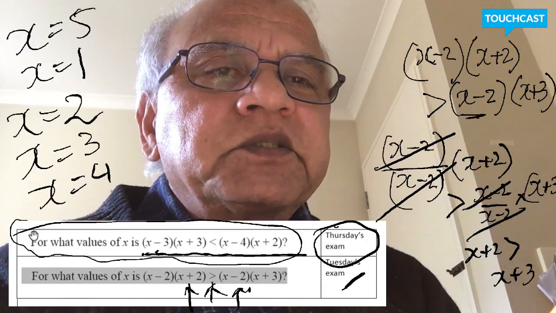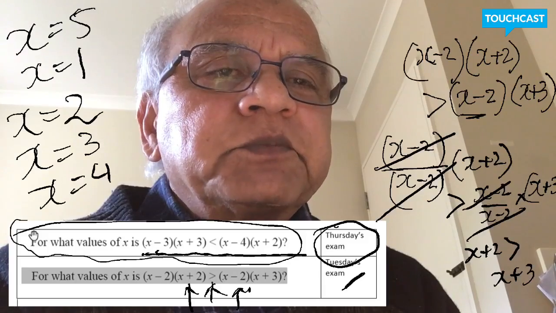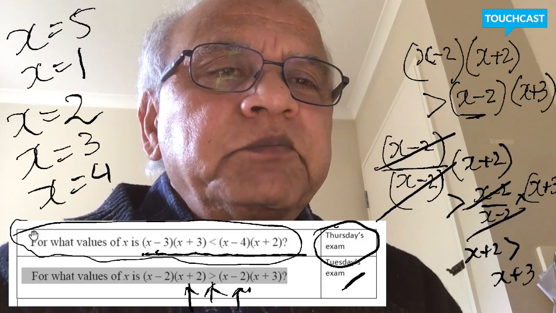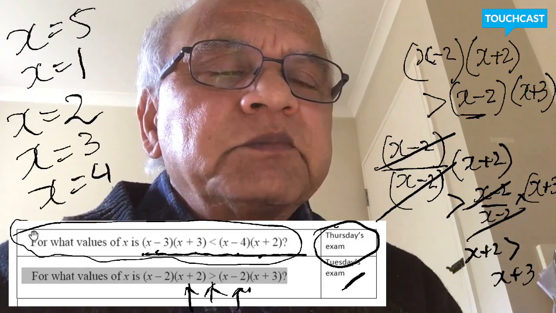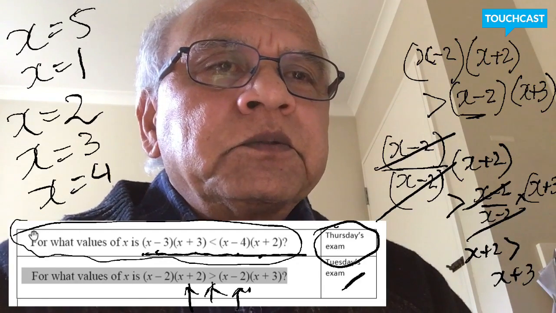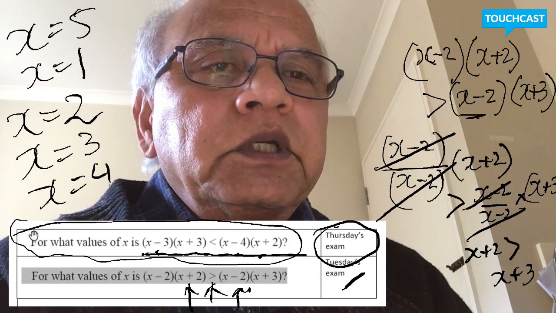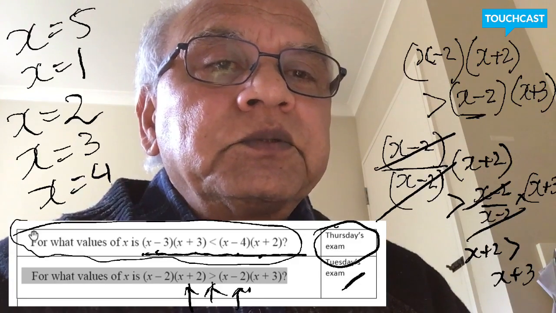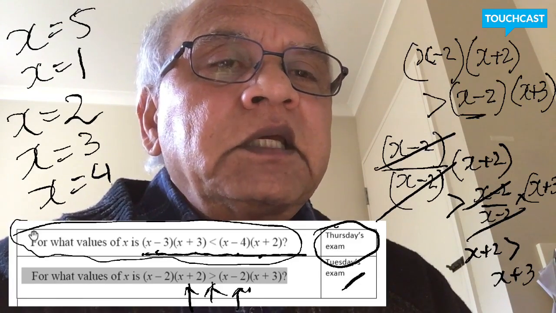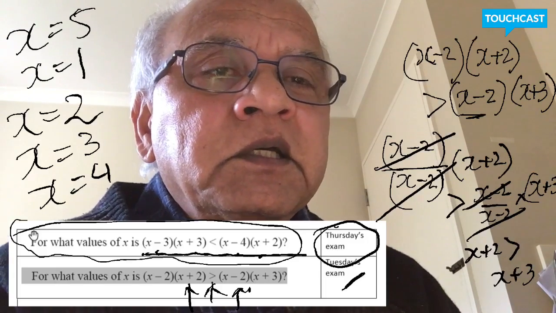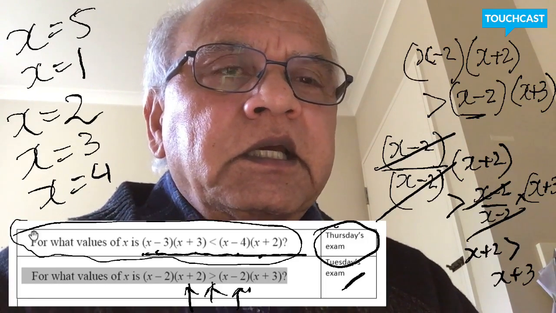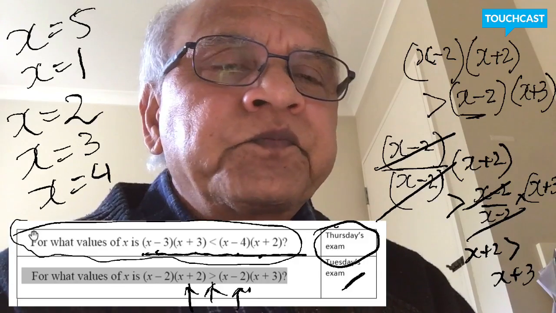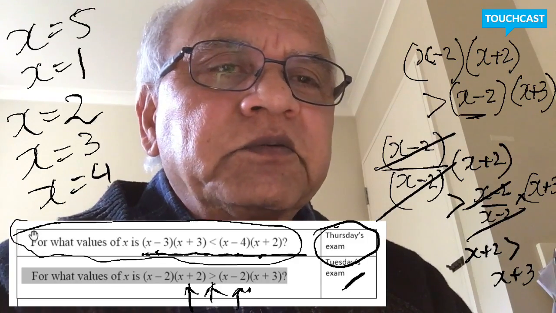See that? x minus 3 times x plus 3 times it by x minus 4 times x plus 2. So we don't have much choice. We got to do expanding and then do the shuffling around and tidy up the thing and solve the inequality.